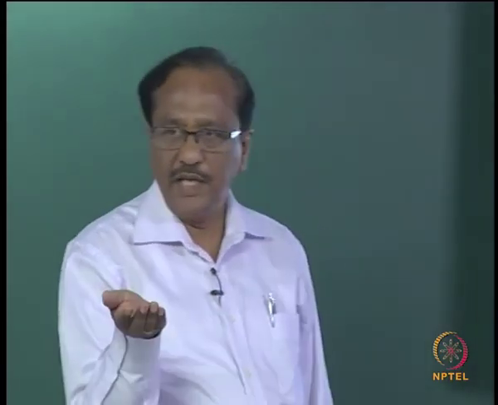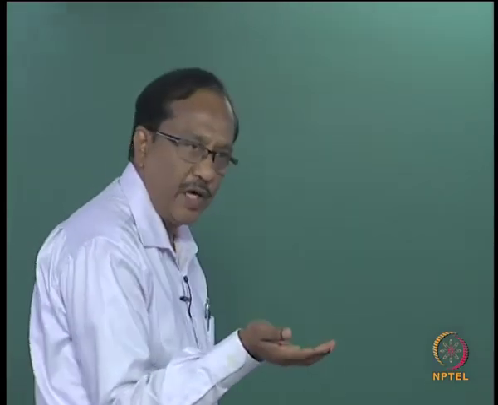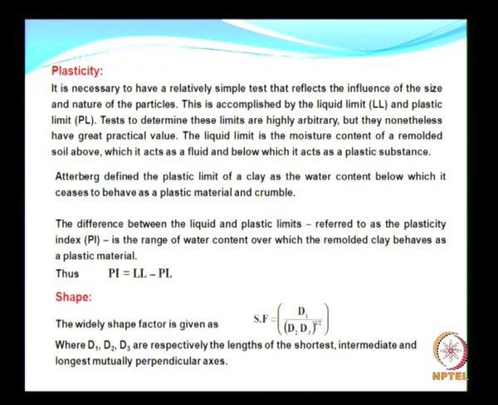Will this shape have any effect on its movement, etc.? The widely adopted shape factor is given as D1 divided by the square root of the product of D2 and D3. What are these D1, D2 and D3? They are respectively the lengths of the shortest, intermediate and longest mutually perpendicular axes.